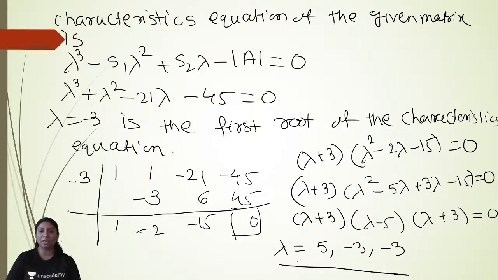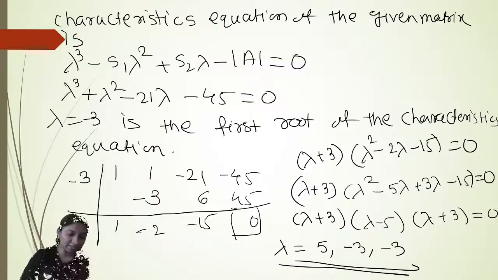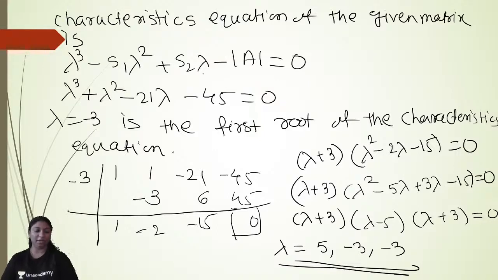Now here is the case where the roots of this characteristic equation are repeated. Okay, the roots of the characteristic equation are repeated. Now, lambda is equal to 5, minus 3, minus 3. So we will find the eigenvector for lambda 1 is equal to 5.